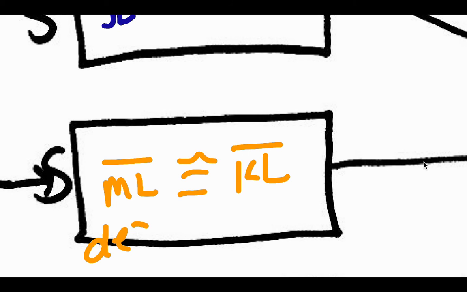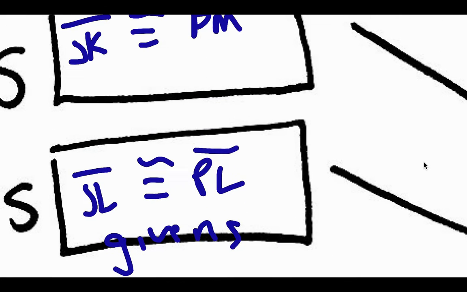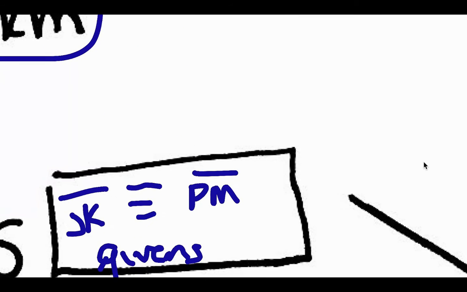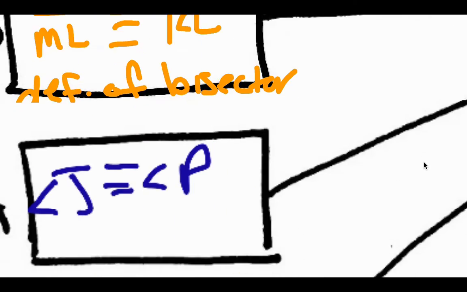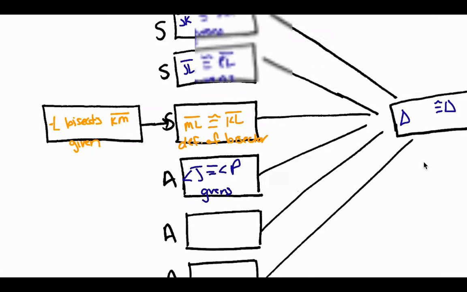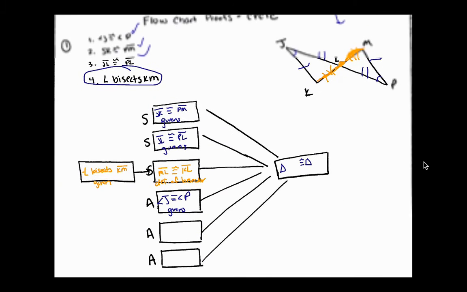That's why we knew that. Definition of bisector. Up here, the other ones that we've done, those have all just been our givens. And we should write that in. Sometimes there's a line underneath our box. Other times I just kind of write it in underneath my box. You always want to be able to back yourself up and have a reason. And now we're kind of stuck because now we're out of givens. Let's look back at those givens.